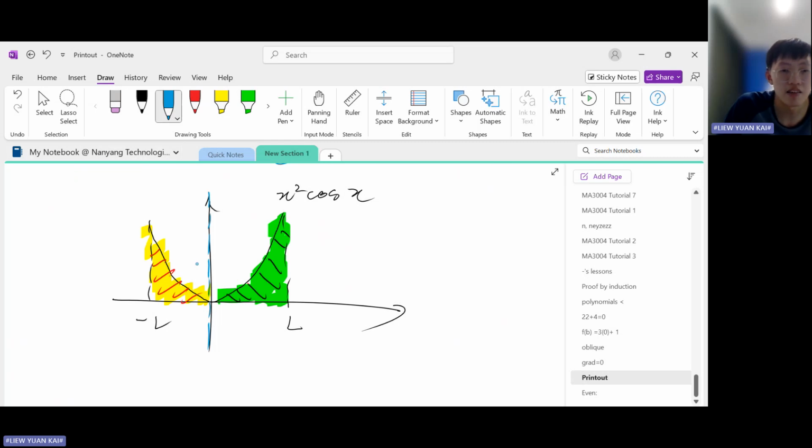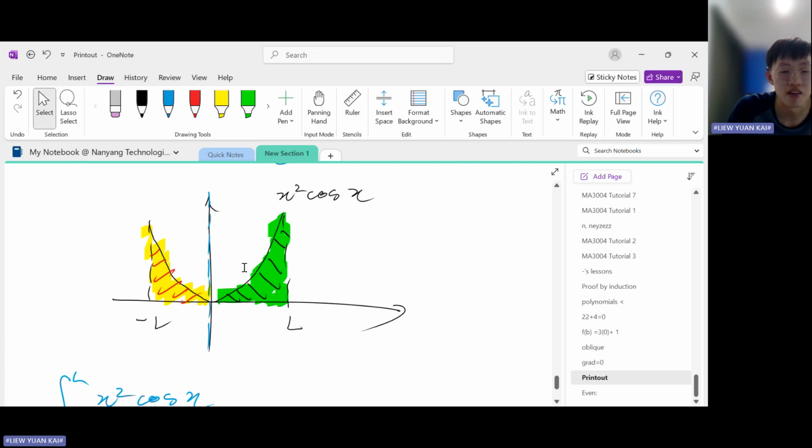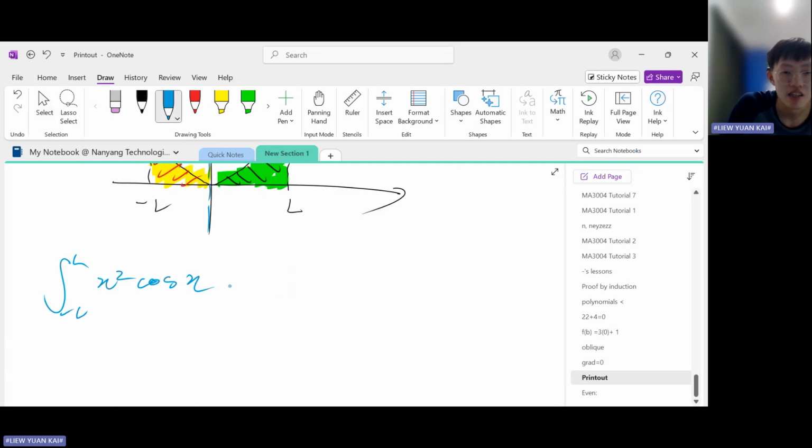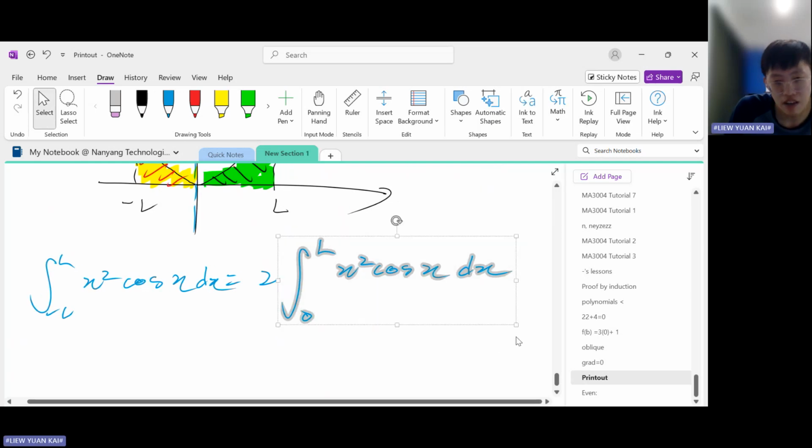So that means, instead of integrating from negative L to L, which gives me this total area, what I can do instead is 2 times the integral from 0 to L of x squared cosine x dx. So what does this state?